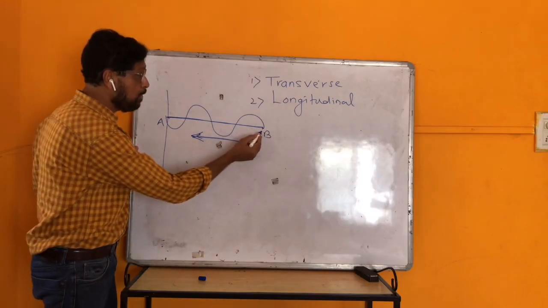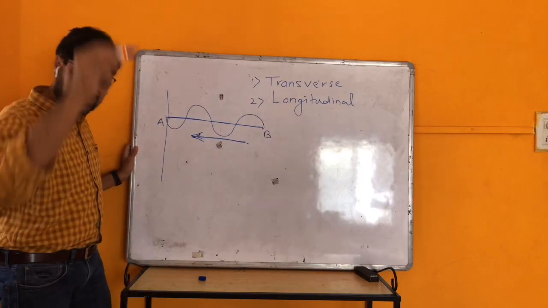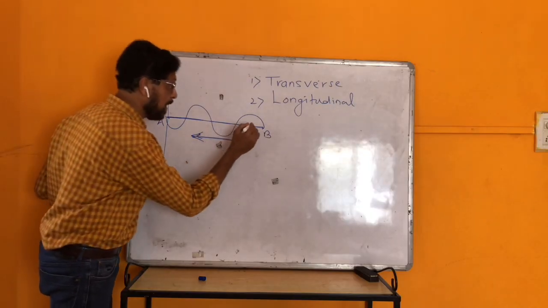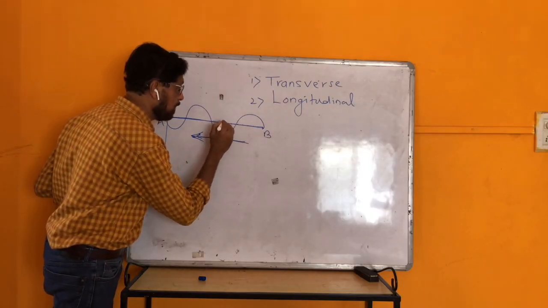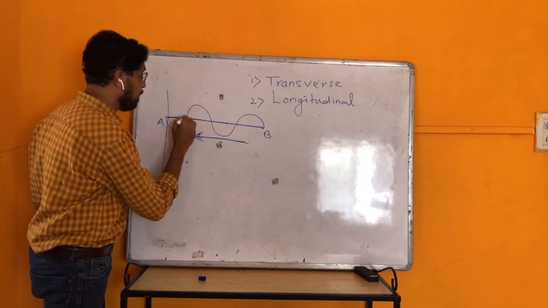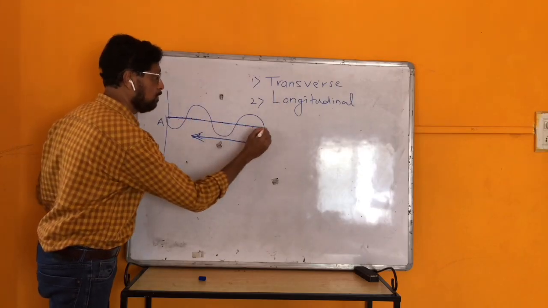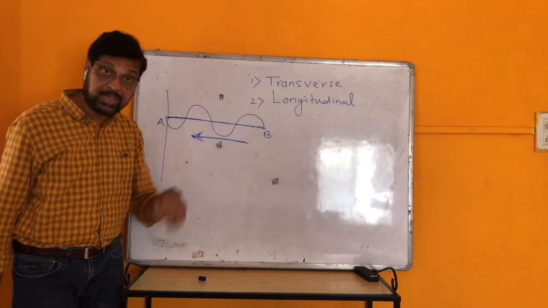Now before the wave starts, before the disturbance is created, the particles of the string were like this. These were the mean positions of the particles. These are particles of the medium. Medium is string here.